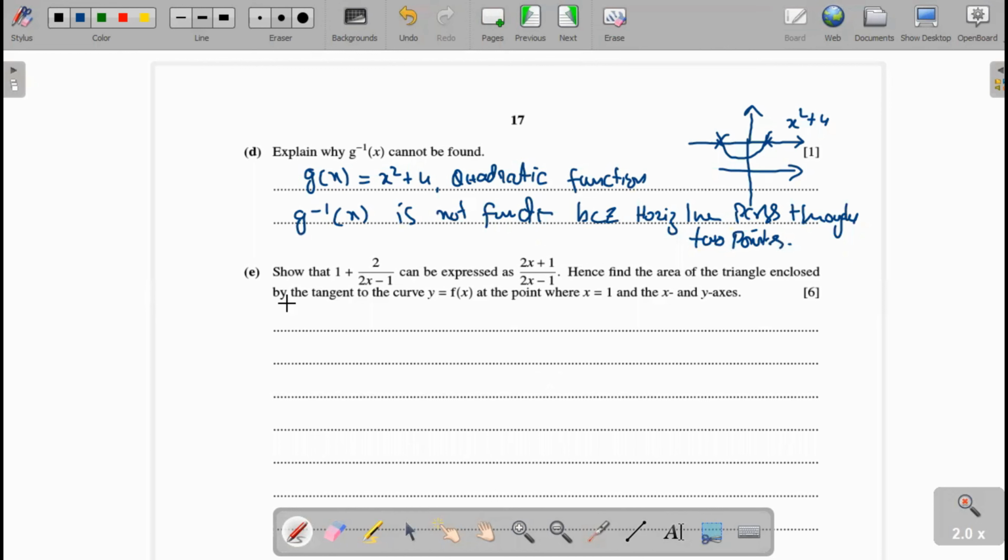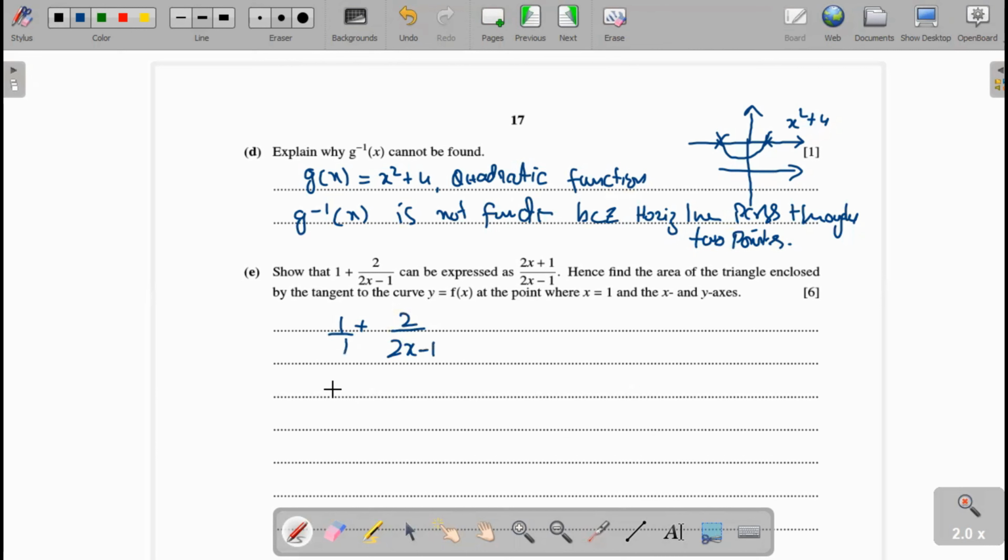Okay. Now the part E, show that 1 plus 2 over 2x minus 1 can be expressed as 2x plus 1 over 2x minus 1, and hence find the area of the triangle enclosed by the tangent to the curve y equal to f of x at the point where x equal to 1, and the x-axis and y-axis. Please see here the y expression is given, 1 plus 2 over 2x minus 1.